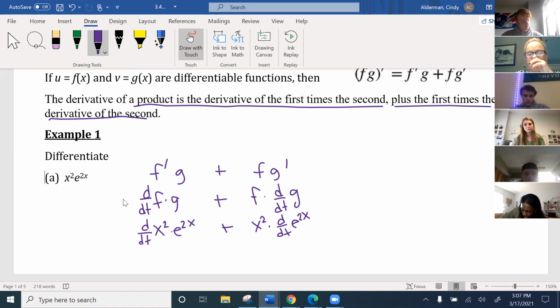Now you don't have to write these steps down every time. I'm trying to tie in what we're giving you here with what we've always said, the derivative of something, that's the same thing as f prime. And then I'm just filling in the f and the g.